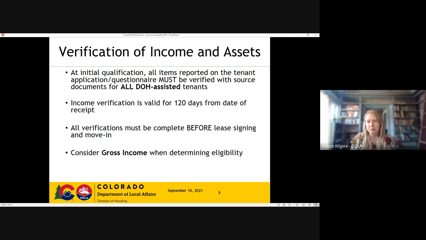All verifications must be completed before the lease signing occurs. So of course, you need to ensure and be able to fully document that your tenants or the beneficiaries of this assistance were income qualified before they were admitted to the program. And in our worlds, we use lease signing, effective date, and move-in to all mean generally the same thing.